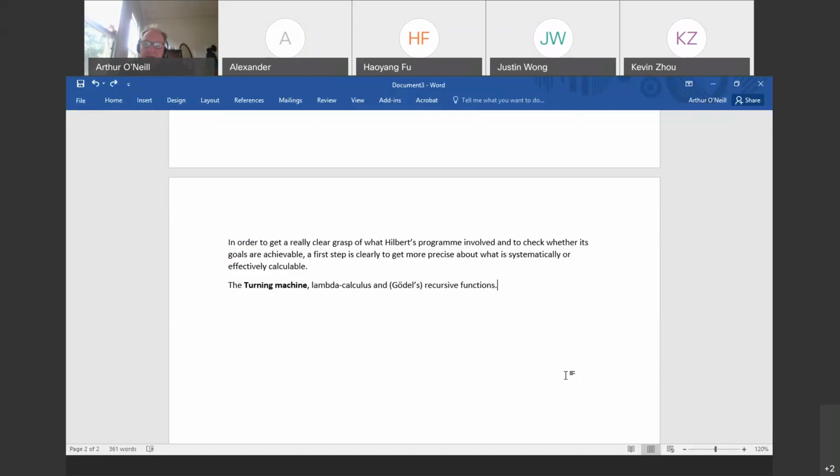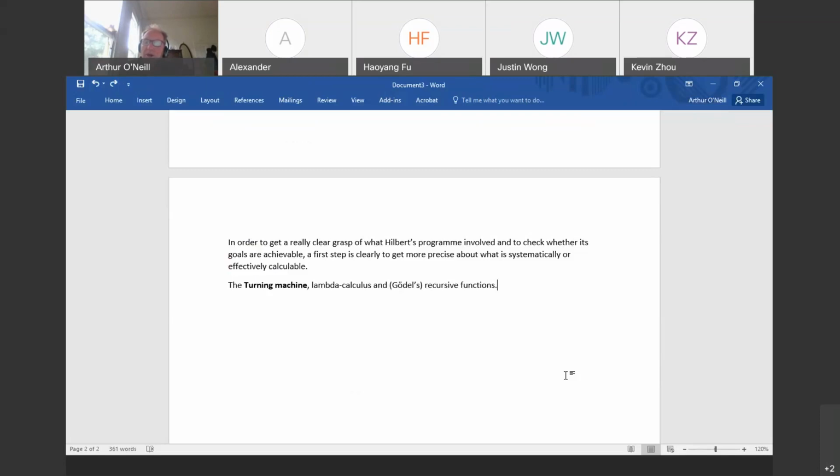Turns out that they're all the same, yeah? You can prove that the set of Turing machine decidable functions is the same as the set of lambda definable functions is the same as the set of recursive functions.